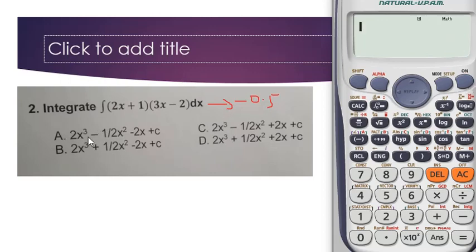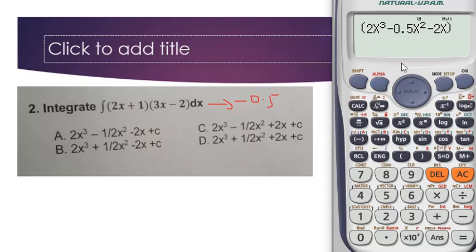Let's start from A. The same principle applies. So we have 2x cubed minus 0.5x squared minus 2x.